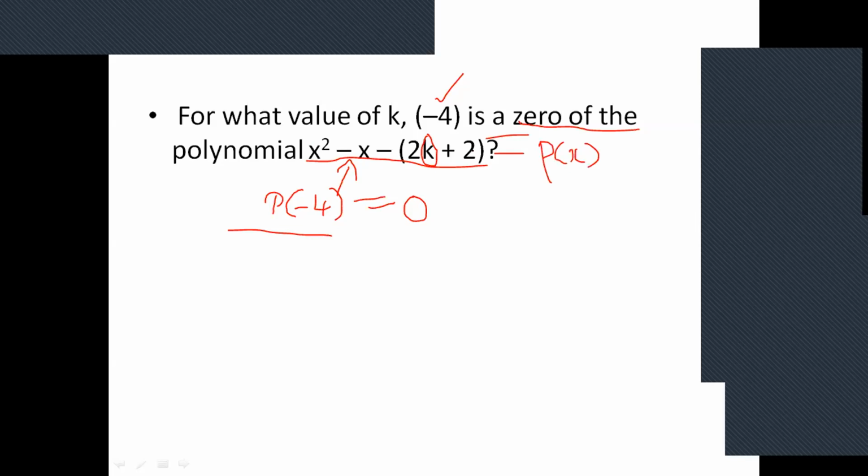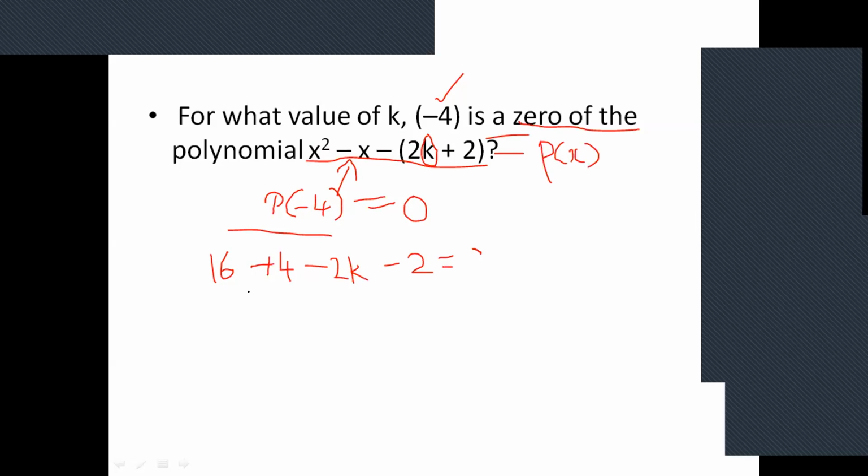If I substitute, I will get 16, and then minus into minus will give you plus 4. Yes, most of you have answered it correctly. And then minus into plus will give you minus 2k, and then minus 2 equal to 0. This is what we have.